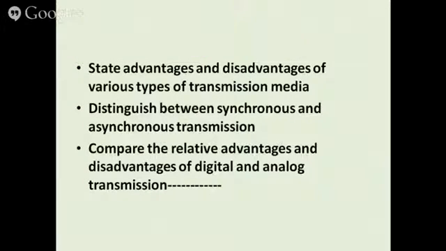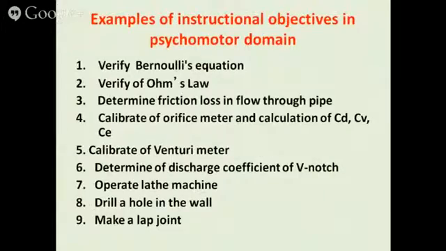And you are also dealing with advantages and disadvantages. So state advantages and disadvantages of various types of transmission media. Distinguish between synchronous and asynchronous transmission. Compare the relations and so on. So for each constituent element of the topic, you are going to write at least 1 to 2 specific objectives for that element of the unit.